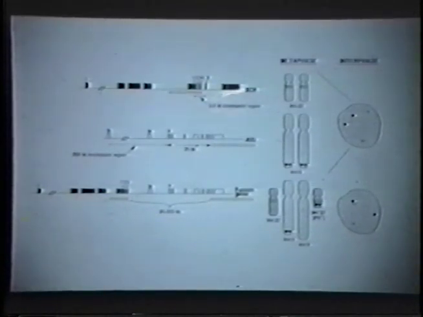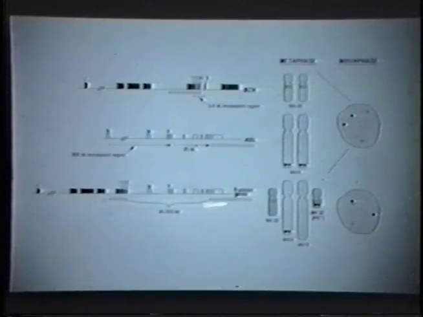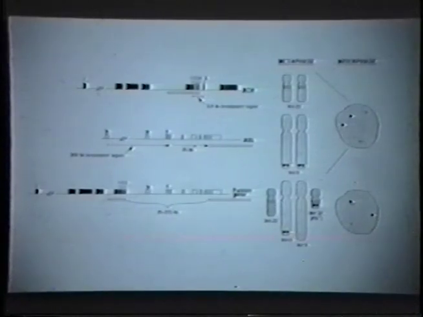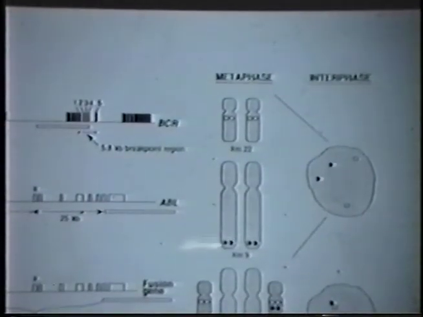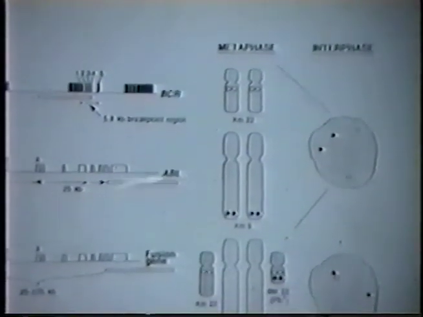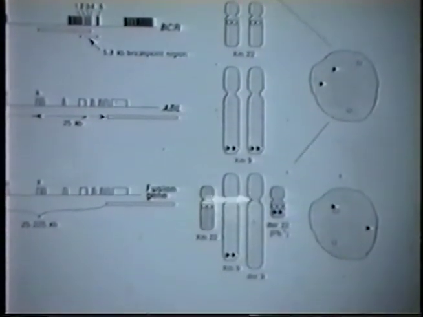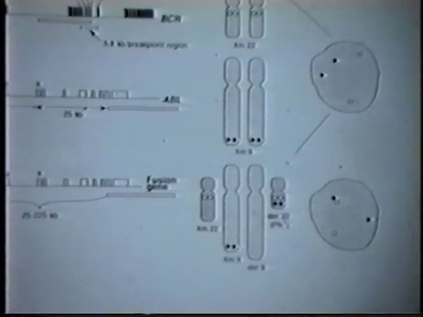As a result of a translocation, these 2 genes are typically brought into close proximity to one another. And so using in situ hybridizations and detecting one probe, let's say in green, second probe in red, it's straightforward to look for the fusion of a red and a green gene sequence as a result of this rearrangement.